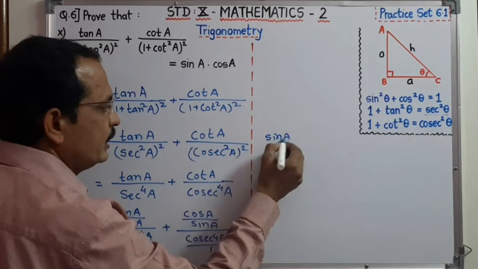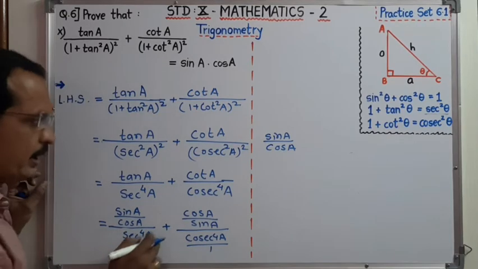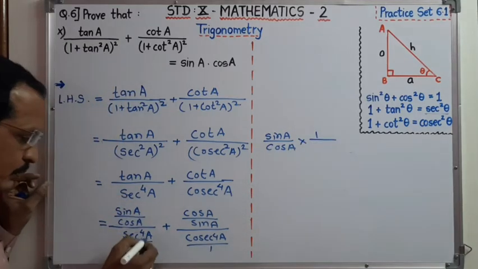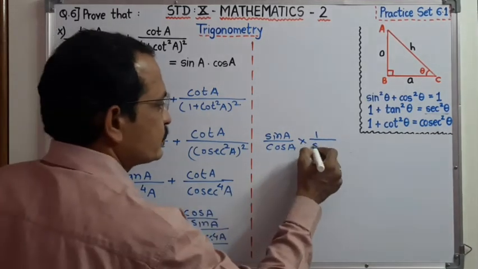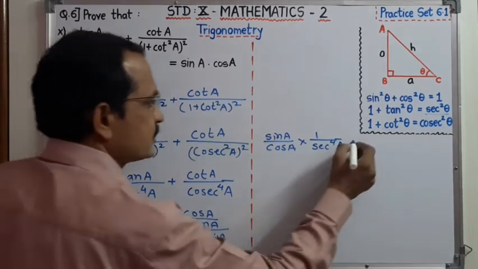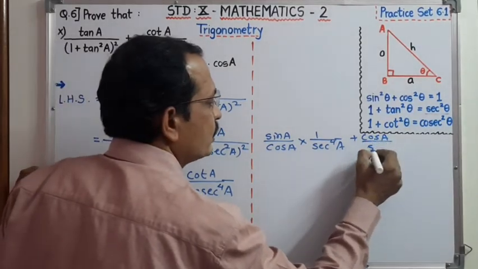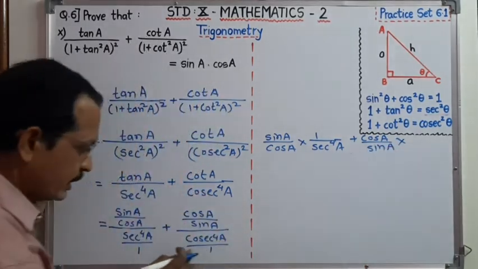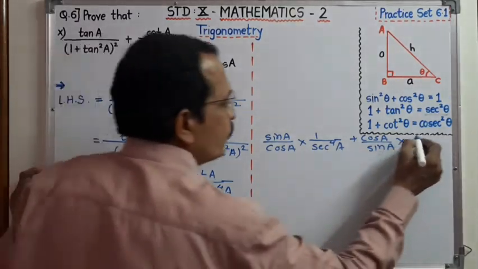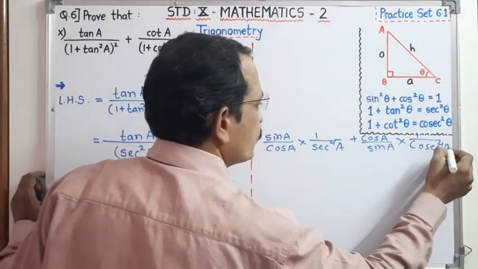Here sin A upon cos A, and this cosec raised to 4A, if we multiply, then it will be 1 upon sec raised to 4A. Got it? Plus, dear student, this cos A upon sin A into this cosec raised to 4A upon 1, that will be 1 upon cosec raised to 4A.